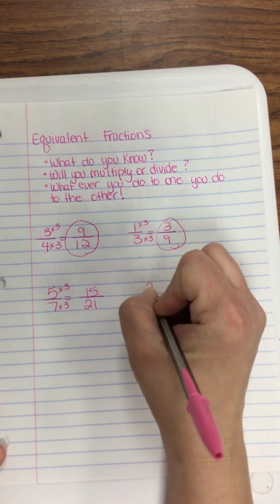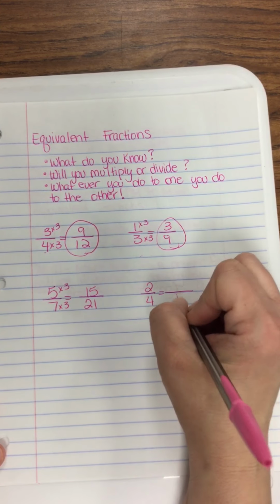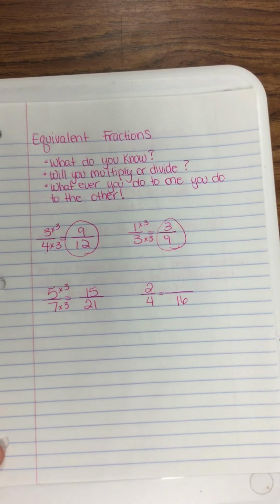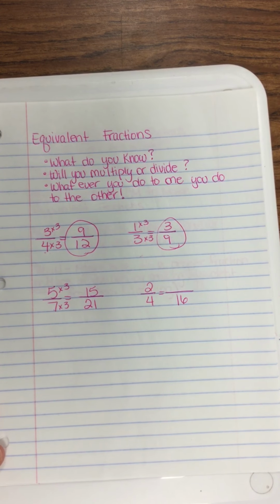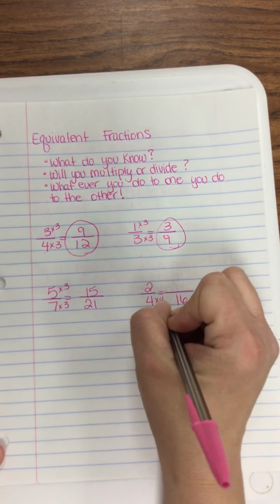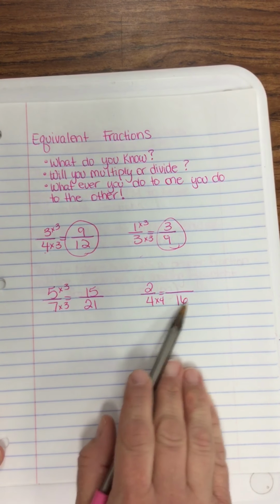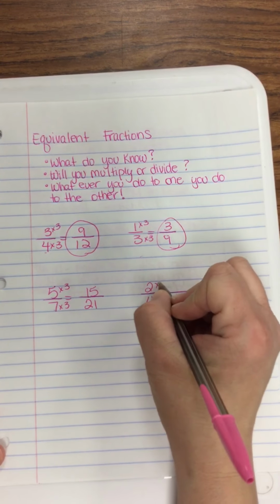Okay. 2/4 equals something over 16. Okay, 4 goes into 16 4 times, because I know 4 equals 16. Times 4, 4 times 4 is 16, so I have to times 4 up here.